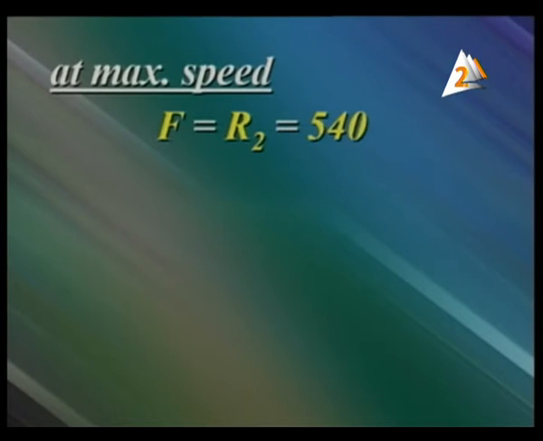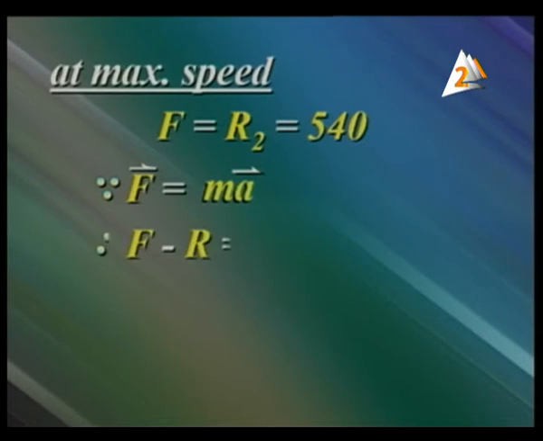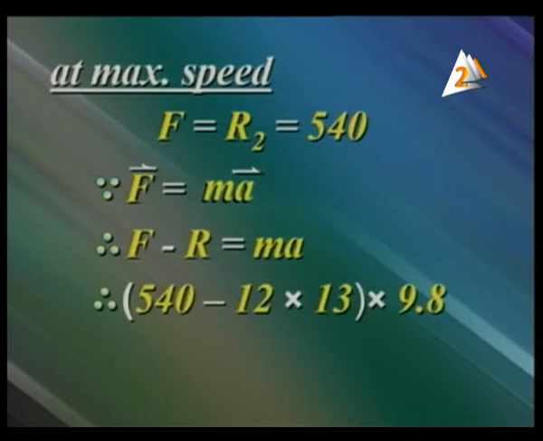At maximum speed, F equals R2 equals 540. But since F equals MA, therefore F minus R equals MA.